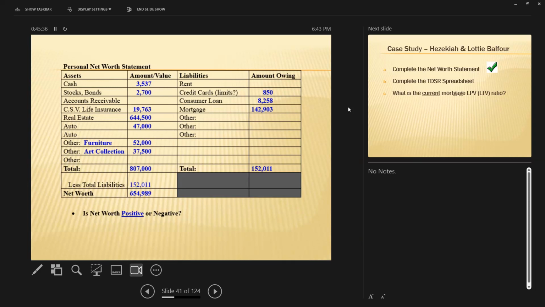All right, we have a student joining us. So we are doing the last question, the case study question of the homework. Yeah, I realized I got that wrong. Hold on to this, because we're going to do some additional work on the Balfours.